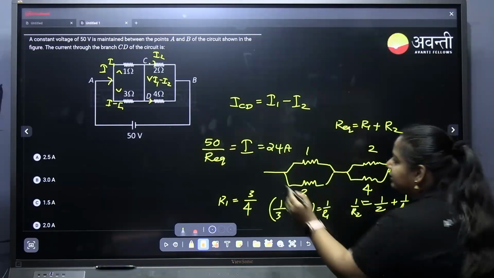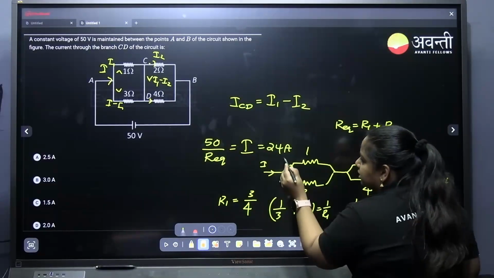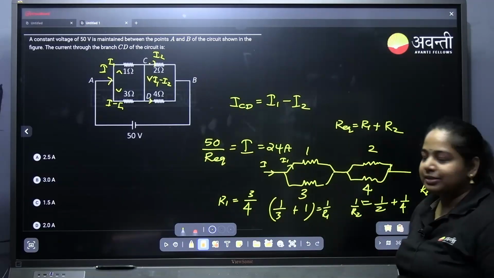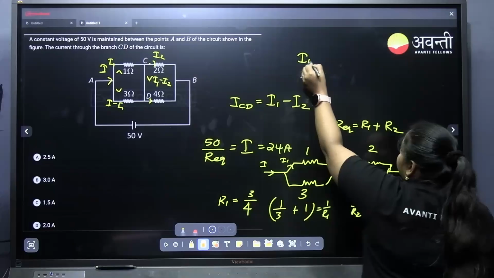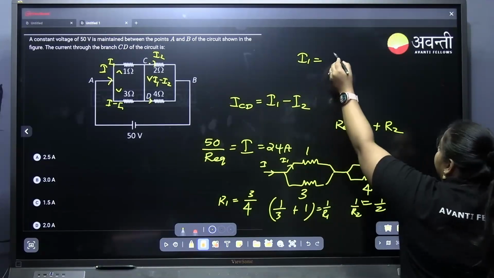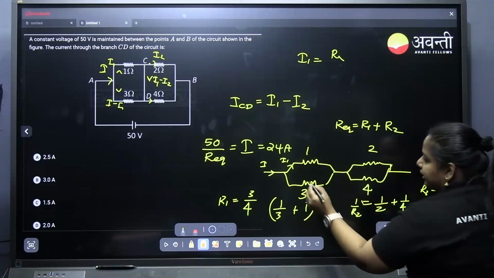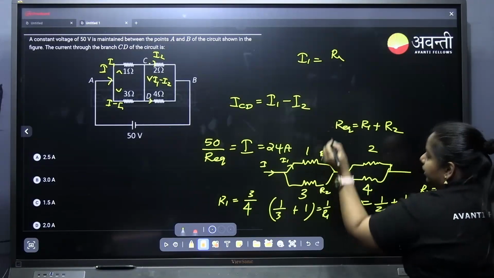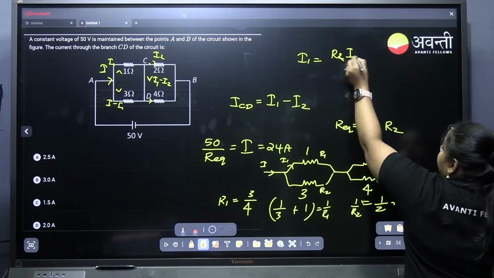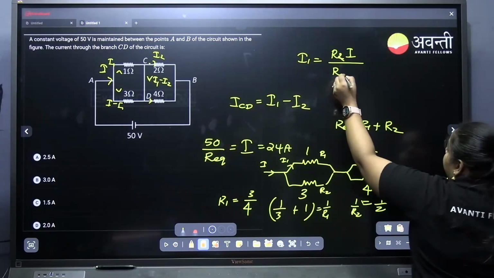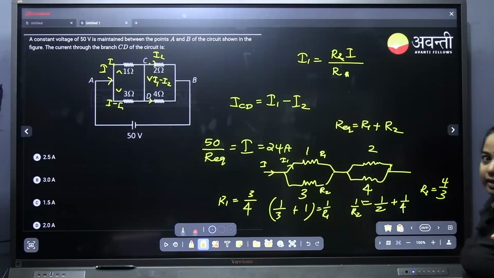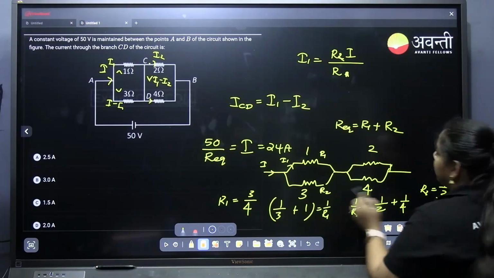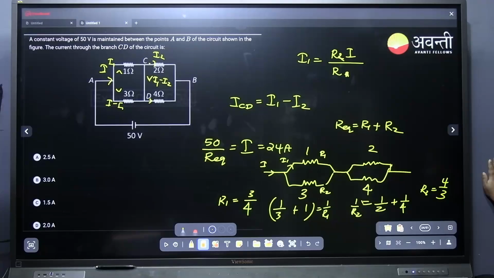Now I is coming here and splitting through this branch as I1. For finding I1 we have a simple formula. Let's say this is R1 and this is R2. So I1 equals R2 into I divided by R1 plus R2. How does this formula come?